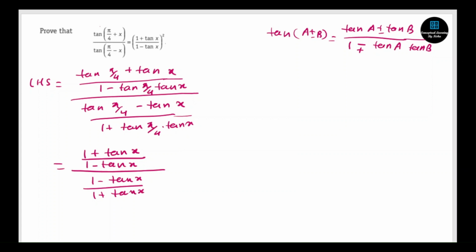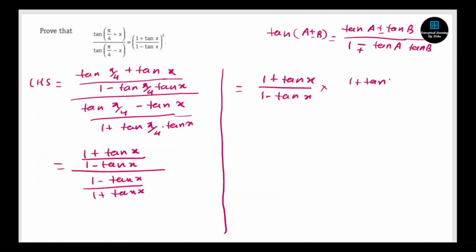So I can write this as 1 plus tan x upon 1 minus tan x into 1 plus tan x upon 1 minus tan x. How?